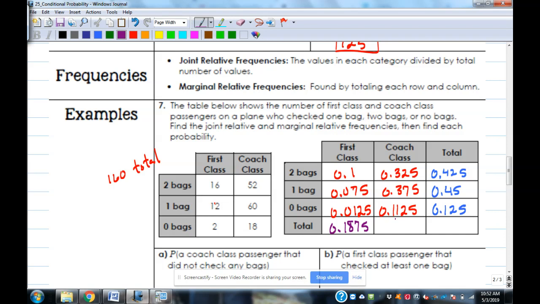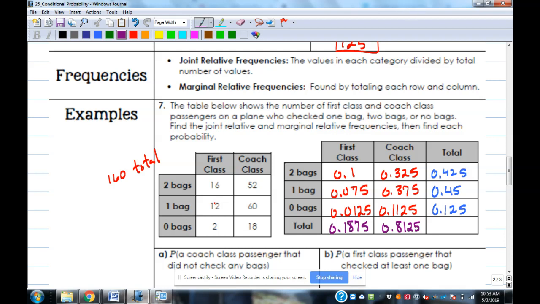And then total up that column, 81.25. That bottom right corner, that's how you can tell if you've done it right. Because what do all probabilities add up to be? 1. So 0.1875 plus 0.8125 adds to be 1.